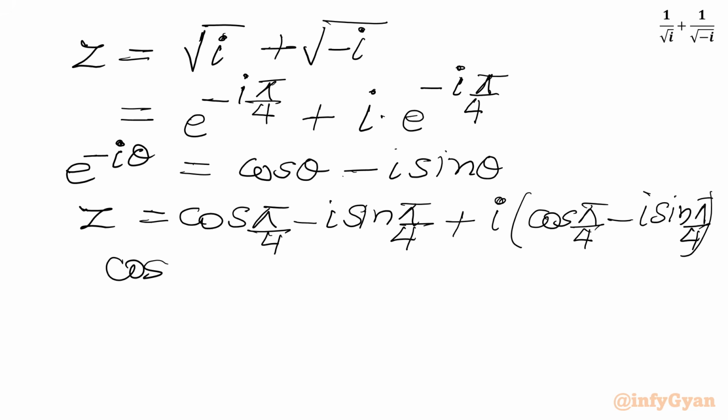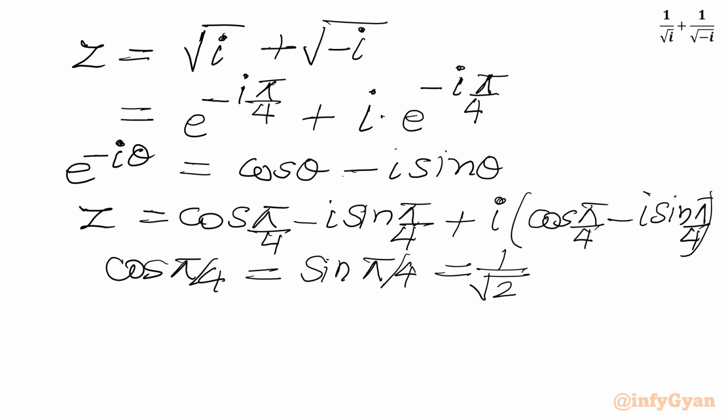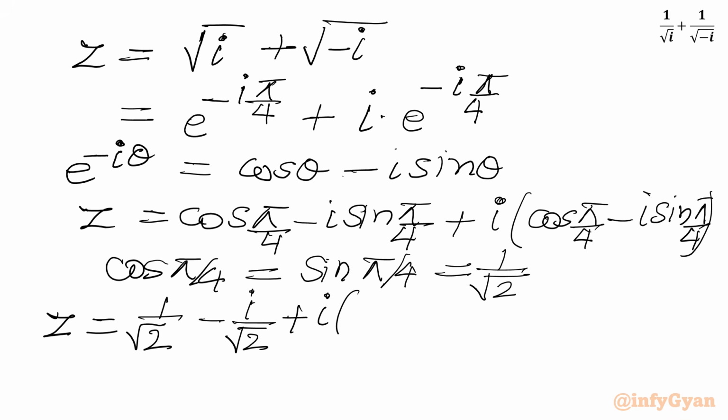Now cos π/4 is equal to sin π/4, which equals 1/√2. Let's put the values: cos π/4 is 1/√2, minus sin π/4 which is 1/√2, plus i times (1/√2 - i/√2). Now we will open this bracket.